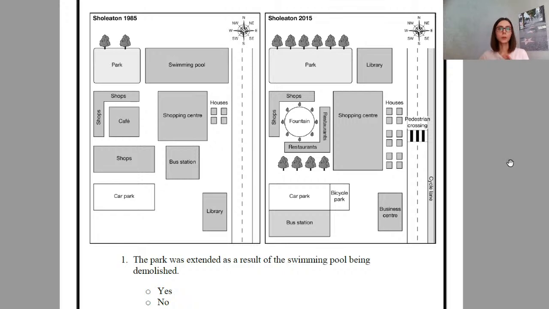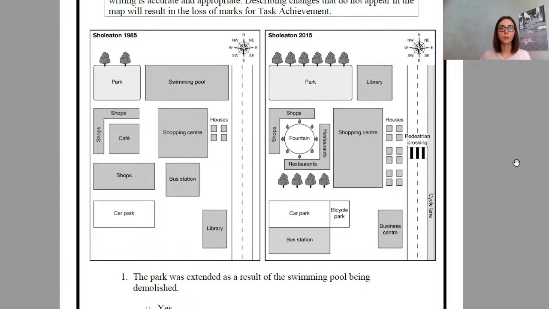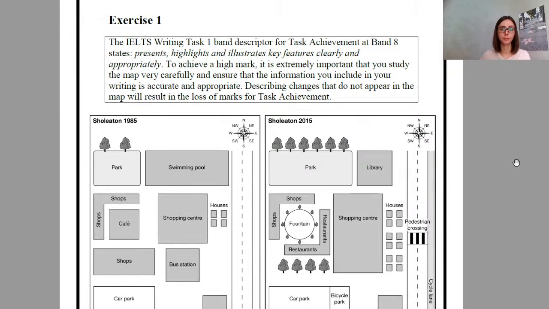All right, so we were talking about this Charlatan. And here we have some important information, and we will practice this together. The IELTS Writing Task 1 band descriptor for task achievement at band 8 states: presents, highlights, and illustrates key features clearly and appropriately.